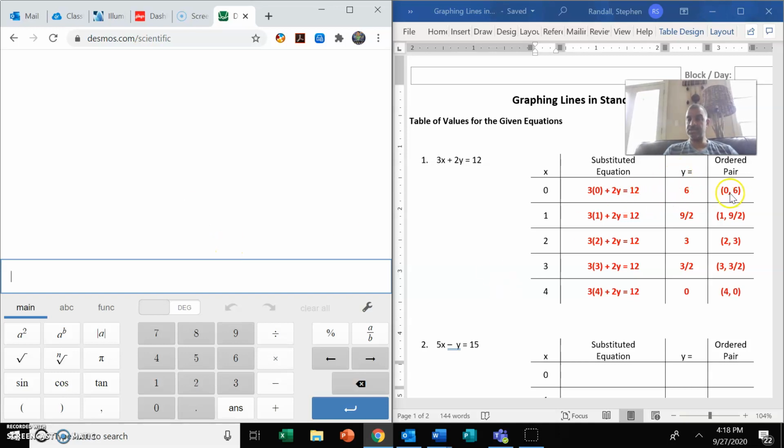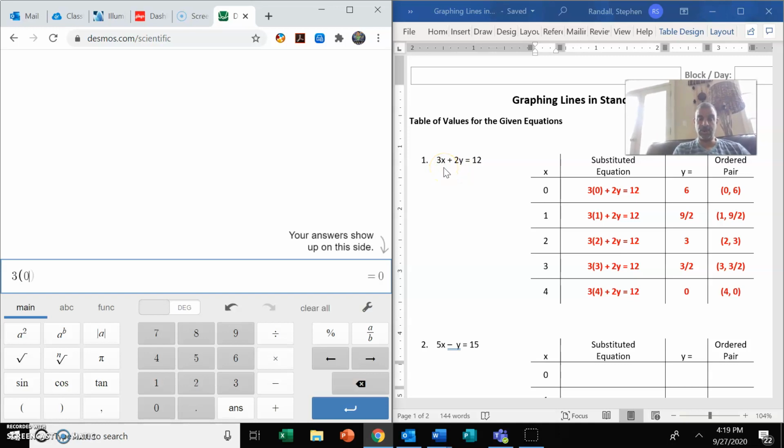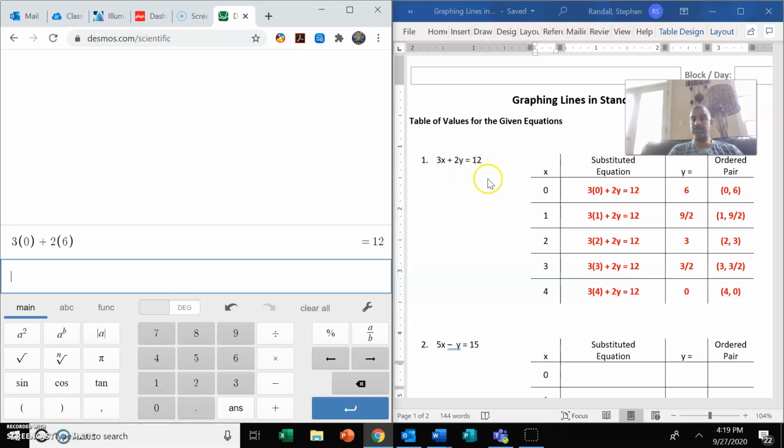Because if x is 0 and y is 6, then this equation would be 3 times 0 plus 2 times 6, and that equals 12. Okay, so that works. So because it makes the equation true, it's a solution.